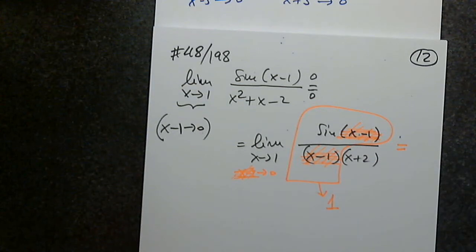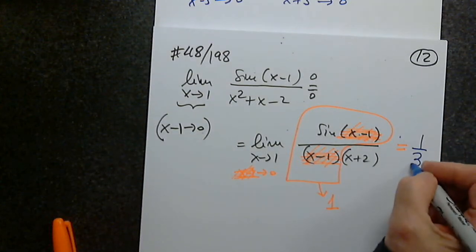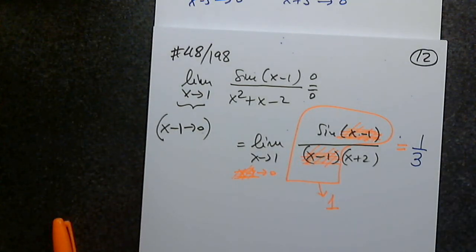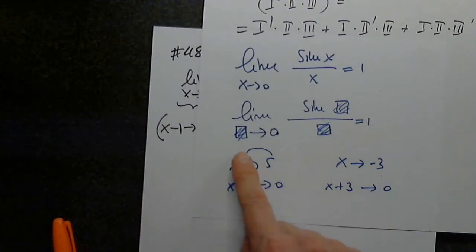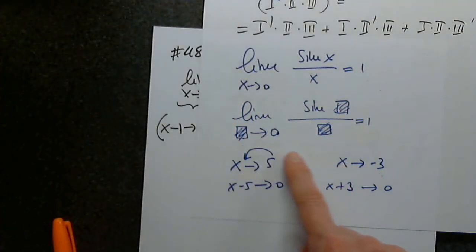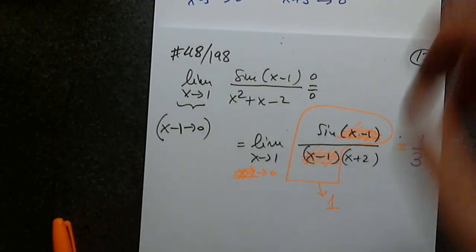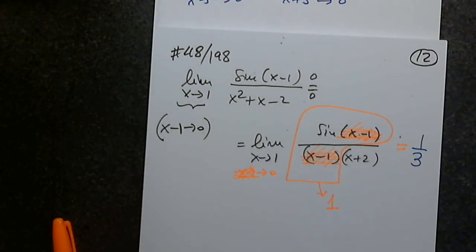And what is the limit? 1 over 3. 1 over 3. Very good. And this was possible because of this. Any questions?